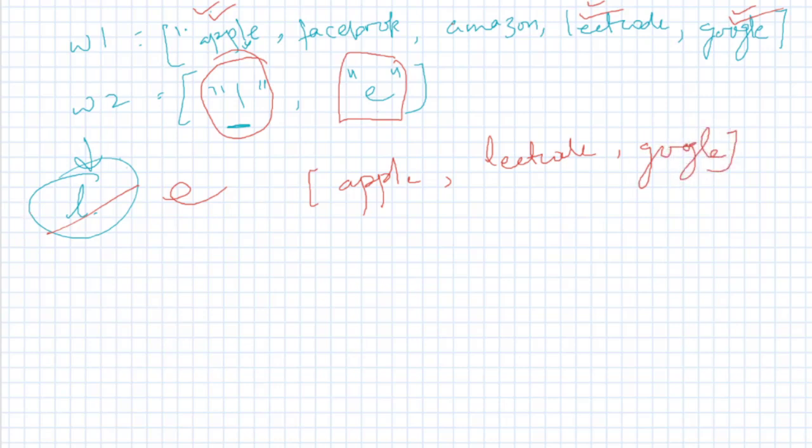Now, what if we change it a little bit? Let's say instead of L, this time we don't have just a single letter, we have a word. Let's say it's LE and it's EE. We have two.